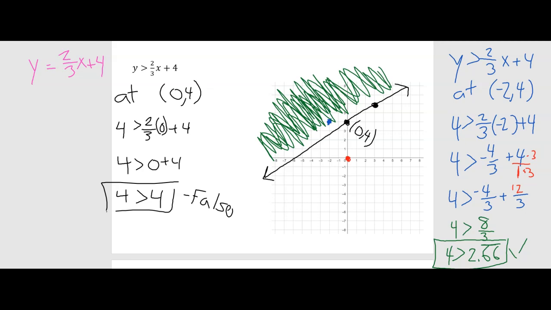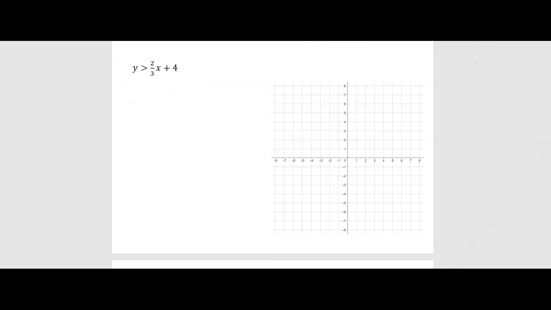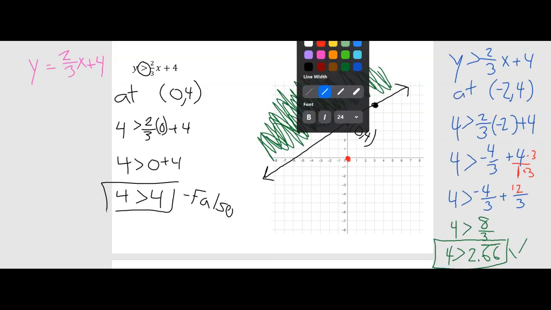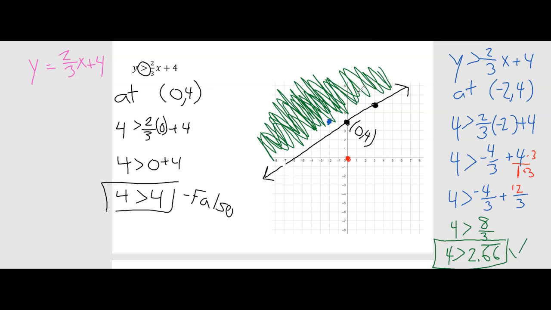So whenever we have a sign that does not include the equals part, we have to put a dashed line. And all this does is show that the points on the line don't work, right? Only the points above the line here work.